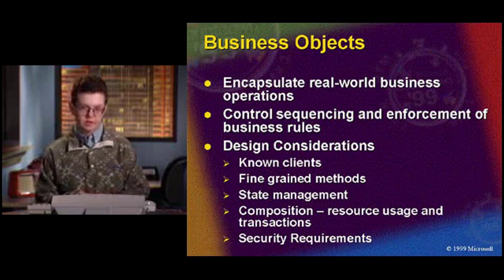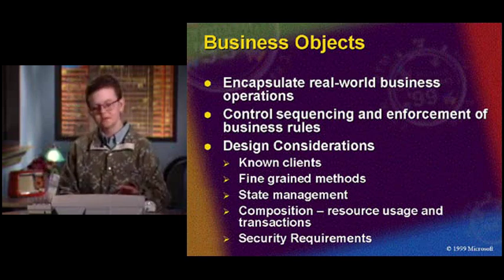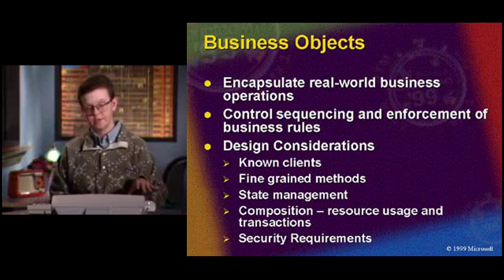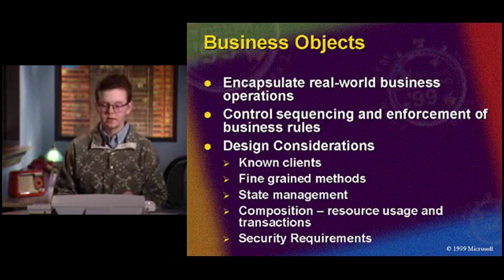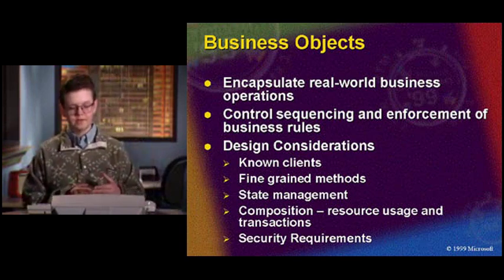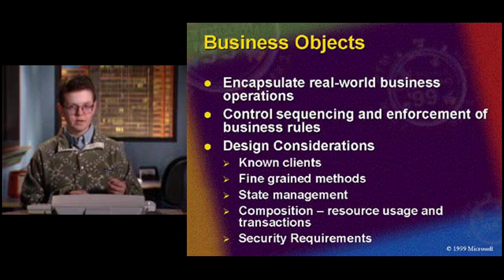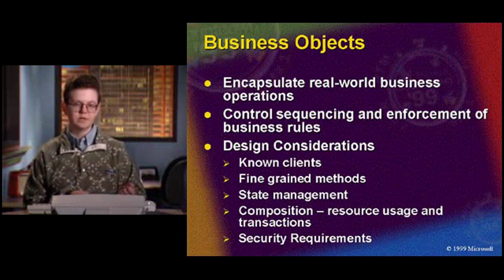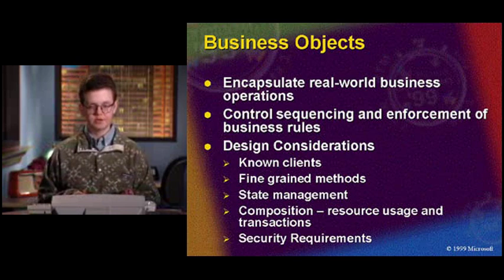You also need to look at security requirements. This was a little bit worse in MTS than it is in COM+ in Windows 2000, because there were limits on the granularity of how you could set security. You could not set security in MTS on a particular method.